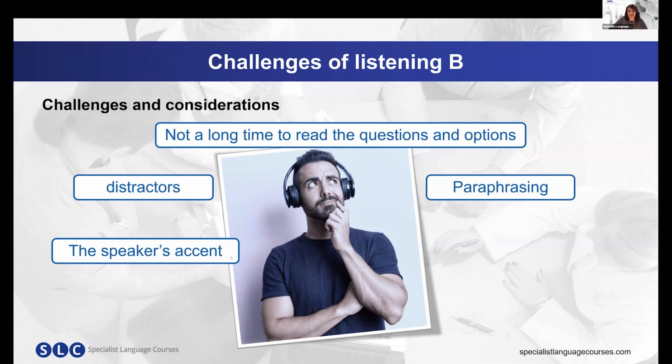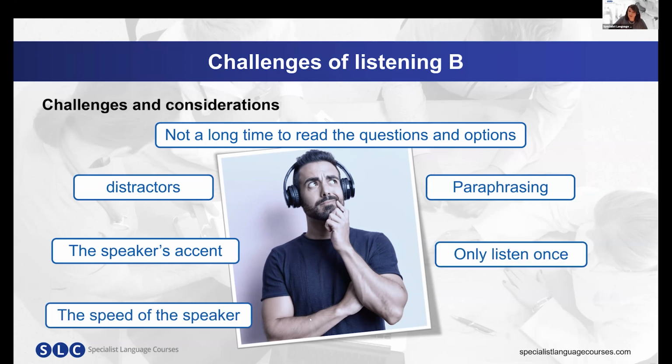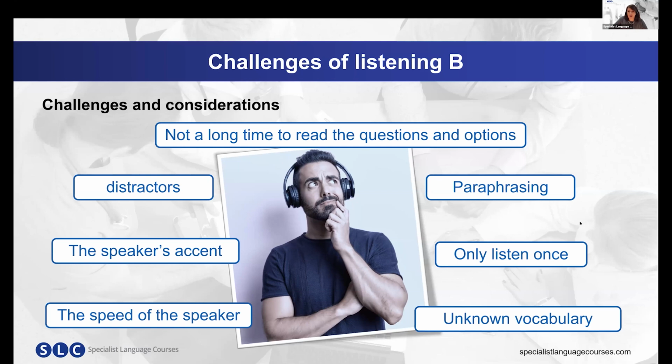The speaker's accent, the fact that you only listen once can be stressful, the speed of the speaker, and any unknown vocabulary. So in your preparation for listening B, you need to take all this into consideration, and in your training, make sure that you address each of these so that on exam day, you are confident in answering questions for listening B.